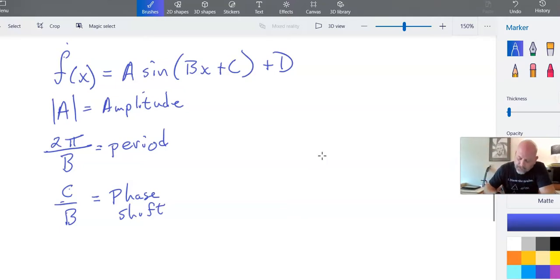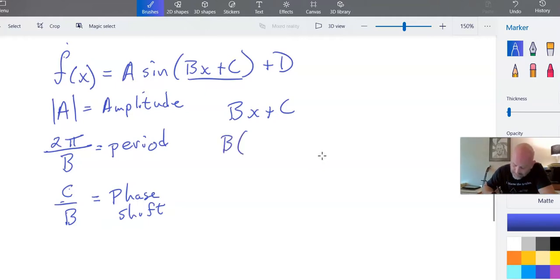And the reason that it's C over B, and this is going to be something that we do fairly often here. In fact, one of the techniques for graphing I'm going to show you has to do with pulling out this middle piece here. If I have bx plus c, and I factor out the b, right? You notice there's no b here with the c, but I can still factor it out.